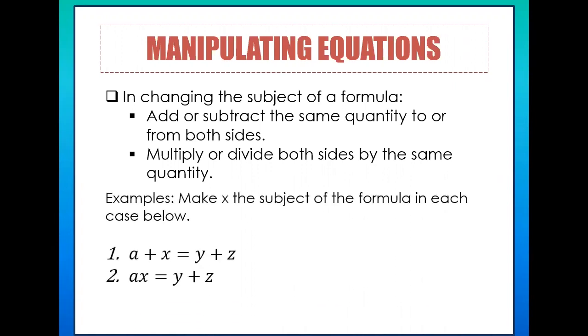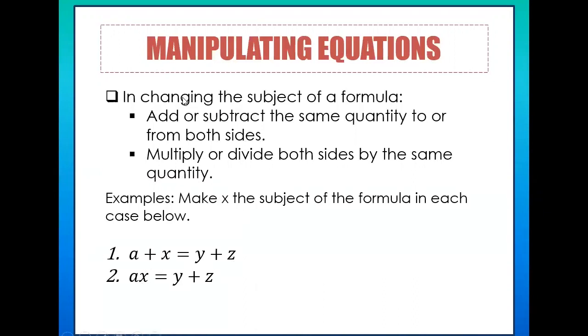In this case, we have to make x the subject of the formula. For number 1, we have a plus x equals y plus z. For number 2, we have ax equals y plus z. Again, we have to make x the subject of the formula. Before we decide which rules we are going to apply in order to make x the subject of the formula in these cases, we have to properly analyze it first.